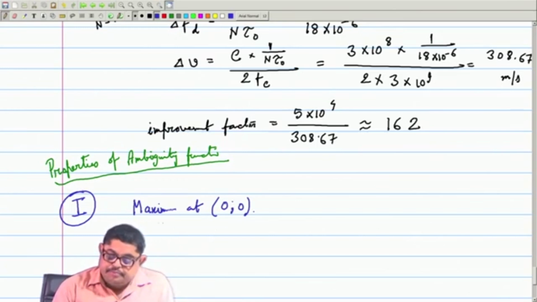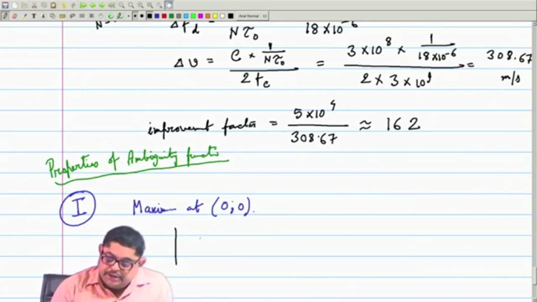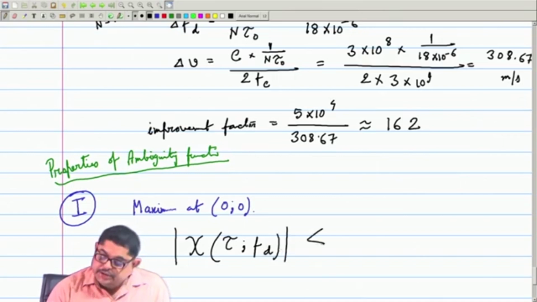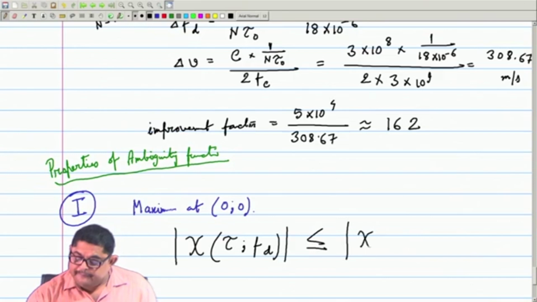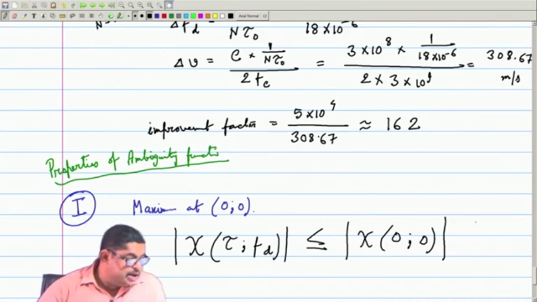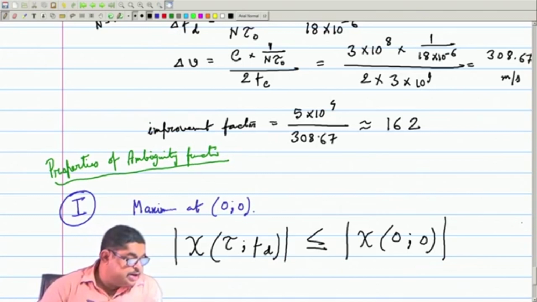Mathematically it can be proved, we are not proving it, but this is an important thing: the ambiguity function is always less than or equal to the ambiguity function at 0 0. That means, for 0 delay and 0 Doppler, that is the peak. Always it has the peak at the central position, and so the ambiguity function can nowhere be higher than that at the origin.